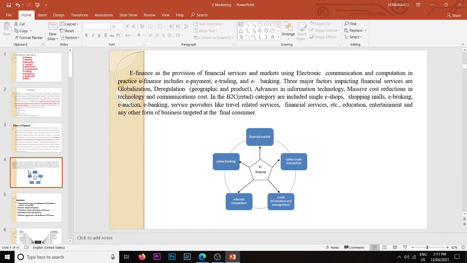Single shops, only one shop will be there. Coffee shop, just imagine. And even hotels also use to generate electronic bills.